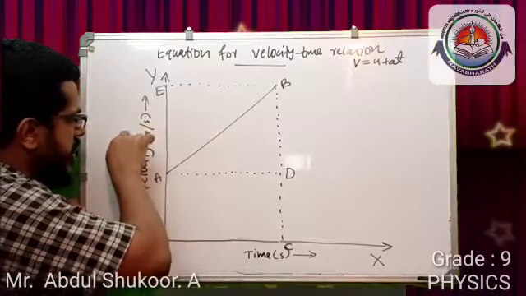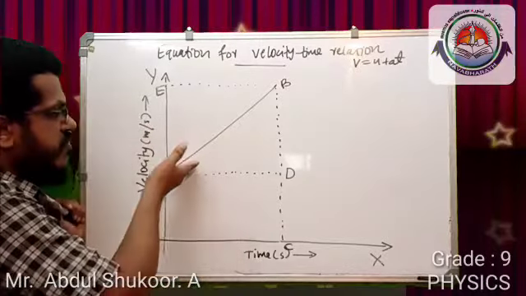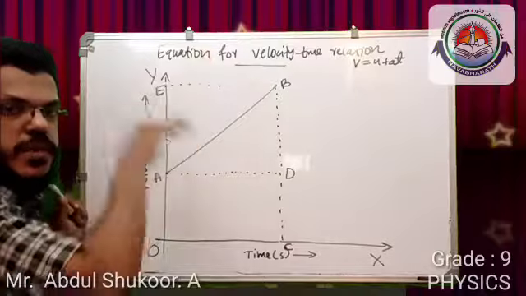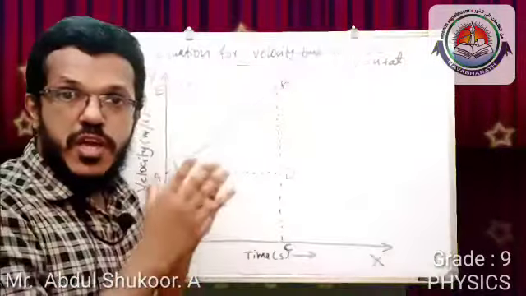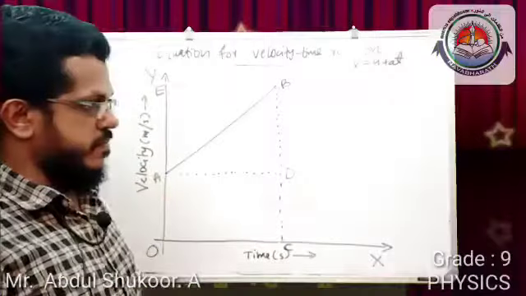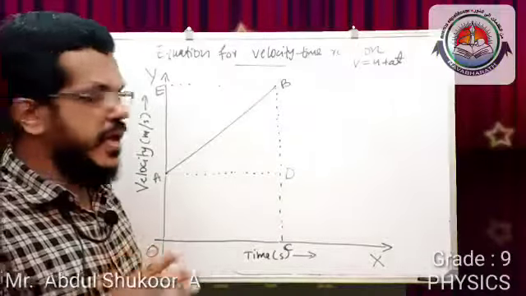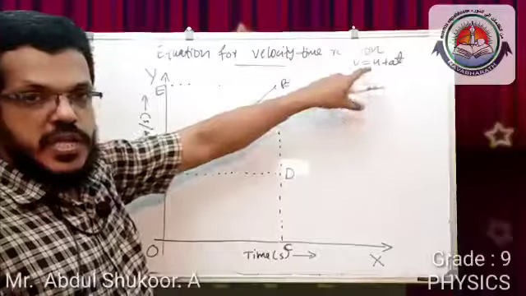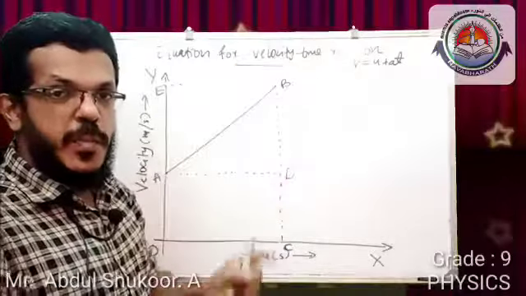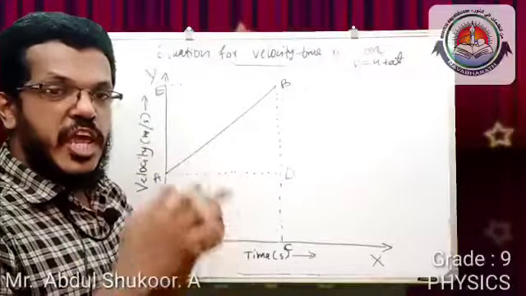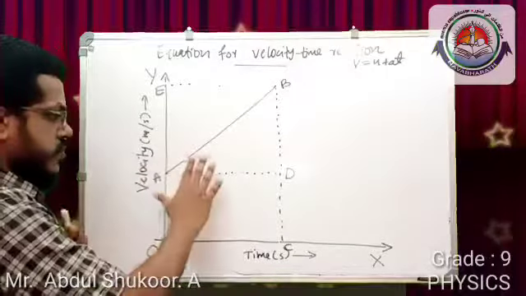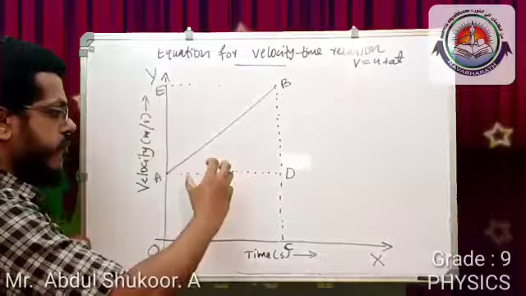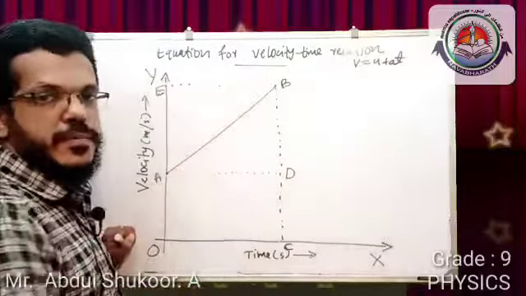We know that in the case of a velocity time graph, if the graph is a straight line with a slope, it shows a body moves with a uniform acceleration. We already said that these three equations of motion are applicable only for uniformly accelerated motion. That's why this is also a graph for uniformly accelerated motion of a body.